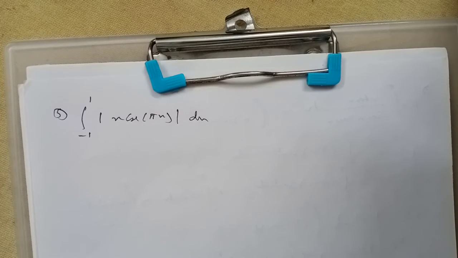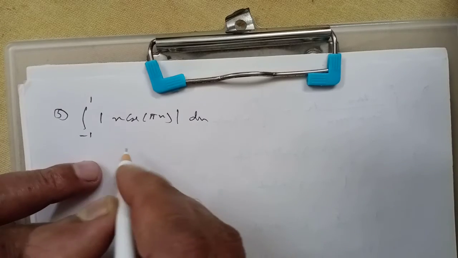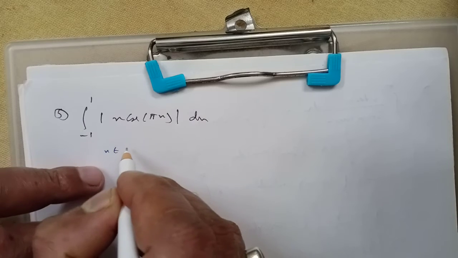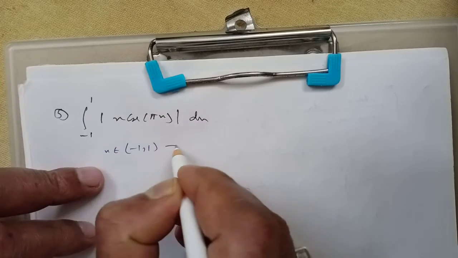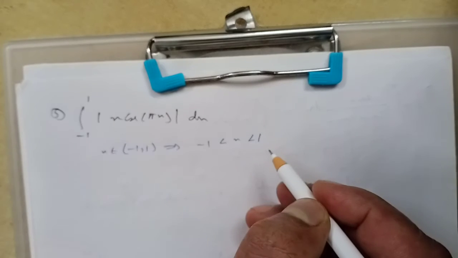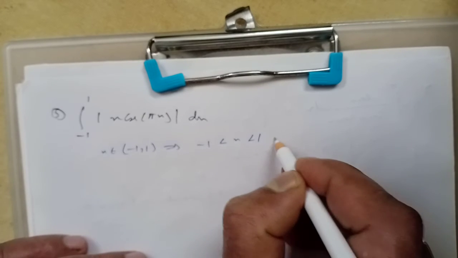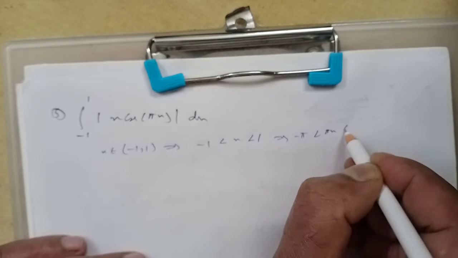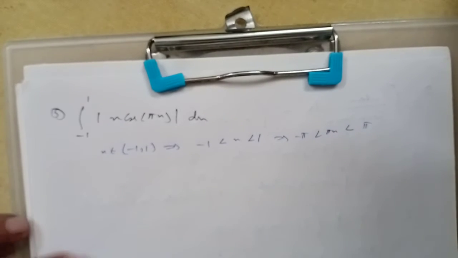Look, here the limit is minus 1 to 1, that is, x belongs to minus 1 to 1, that is minus 1 less than x less than 1. So multiplying by pi we get minus pi less than pi x less than pi, that is the angle pi x lies between minus pi and plus pi.